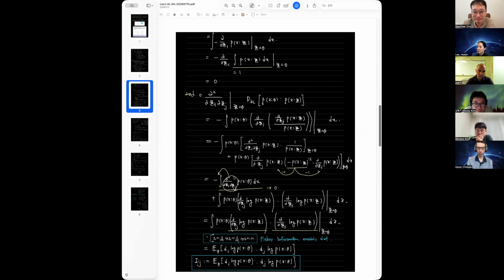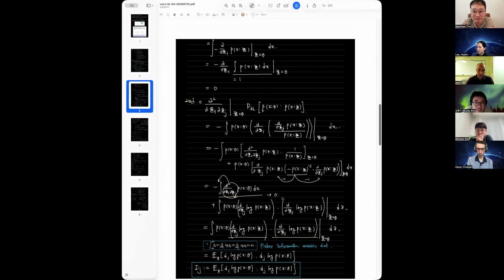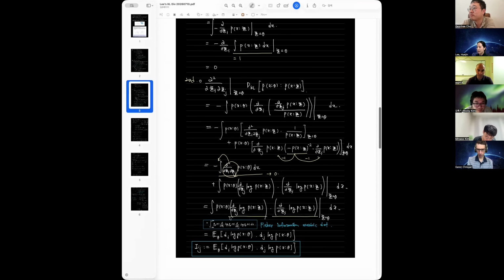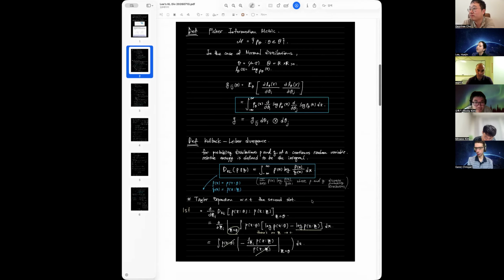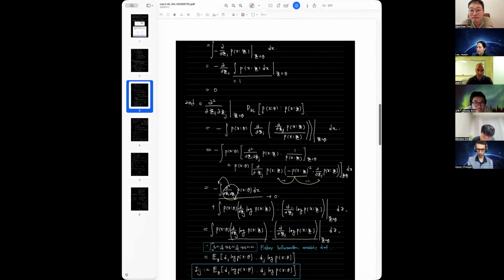So this one comes out, and we already know the upside, so it becomes 0, and -1 and -1 are distributed to each term. So we can see like this. We already saw the Fisher information metric definition, so it is similar to these results.